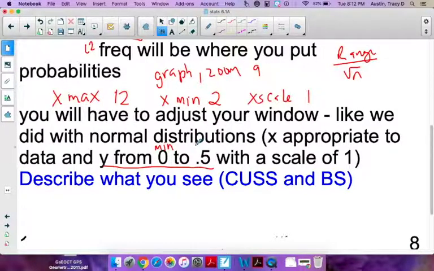So the easiest way when you do a probability distribution is to go from 0 to 0.5 with a scale of 1, and that kind of makes the window a little bit bigger. So if you want to star that, highlight it, stick it in your notes. Whenever we do a probability distribution, this is usually a good idea for your y values.